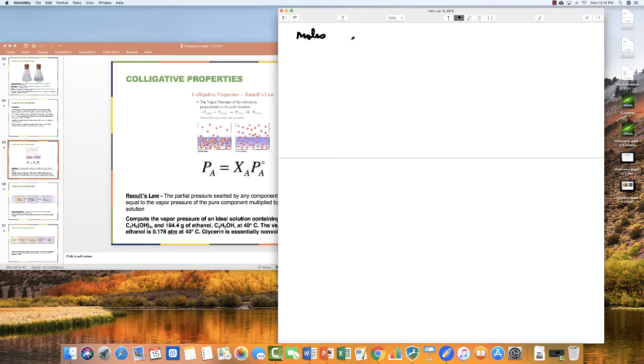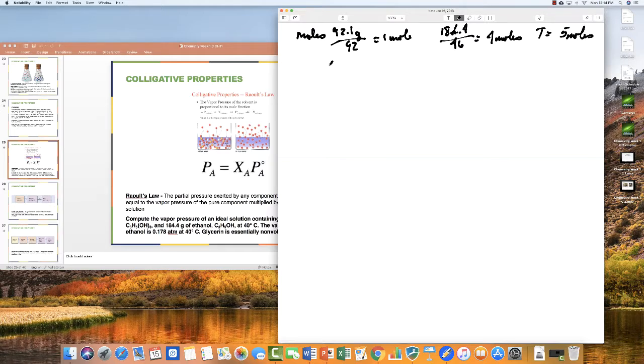We have 92.1 grams of glycerin, and I said the molecular weight of glycerin was 92, and so that essentially gives you 1 mole of glycerin. And we had 184.4 grams of ethanol, and the molecular weight of ethanol is 46, so that is approximately 4 moles. So the total moles, which you need to calculate the mole fraction, is 5 moles.